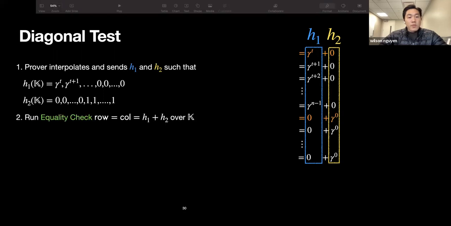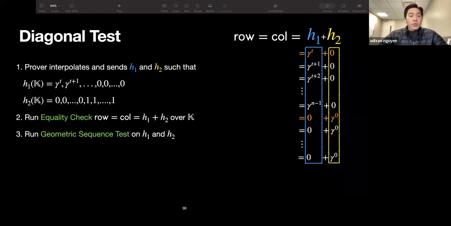And we have to run an equality check to make sure that row is equal to col, and then that they're both equal to h1 plus h2. And now we run the geometric sequence tests on both h1 and h2 to confirm they're indeed the geometric sequences that we expect to see.